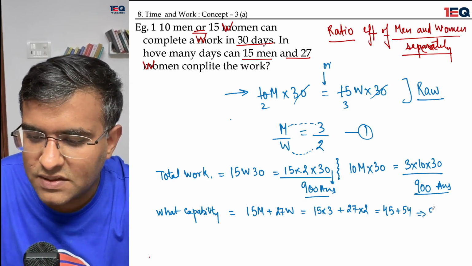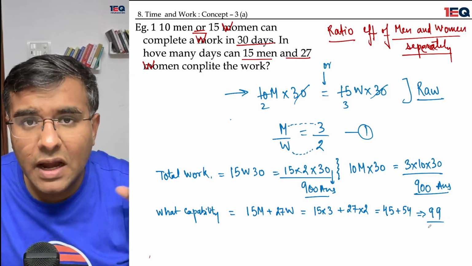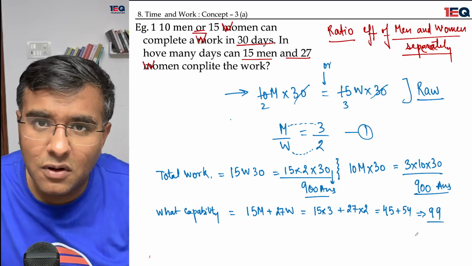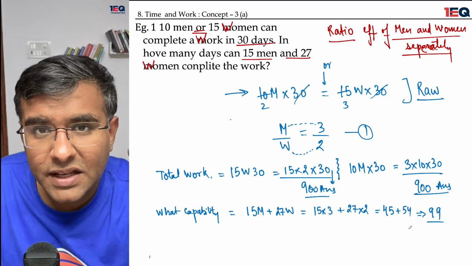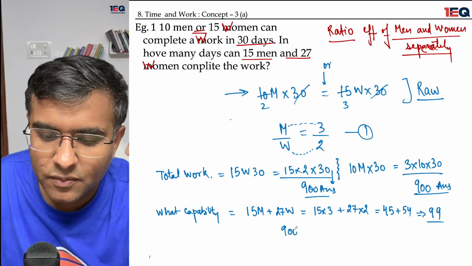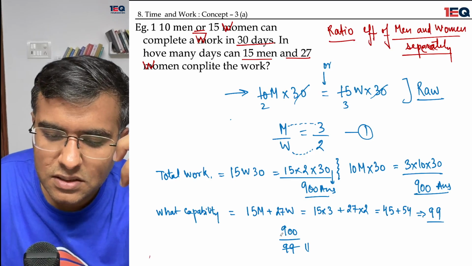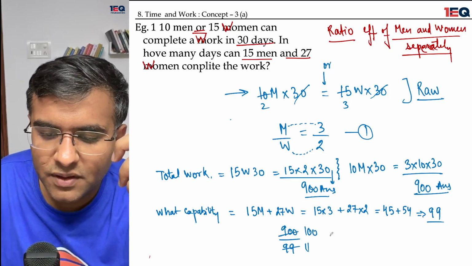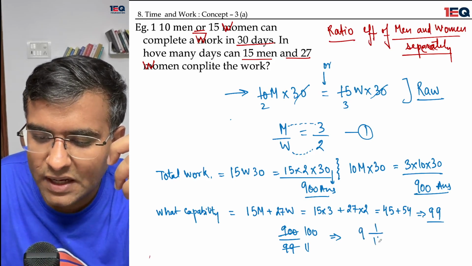What we have here is 99. So 99 is the capacity, or the power with which I can work on a daily basis. So 99 units of work can be done in one day. The total work is 900. When it is divided by 99, we get the answer as 100 upon 11. This means my answer is 9 1 by 11 days.